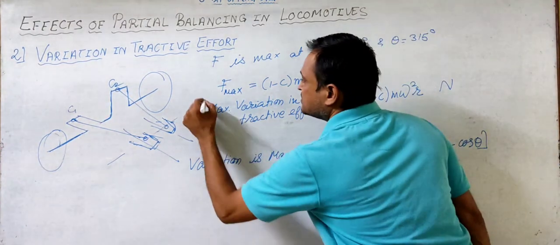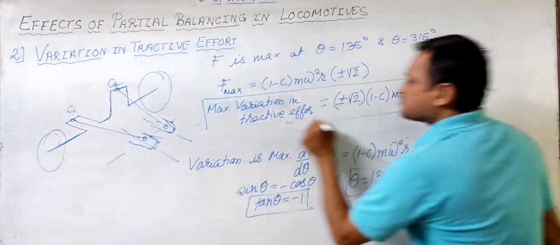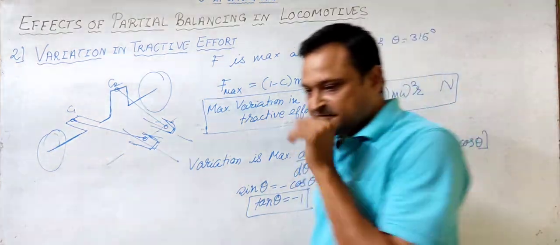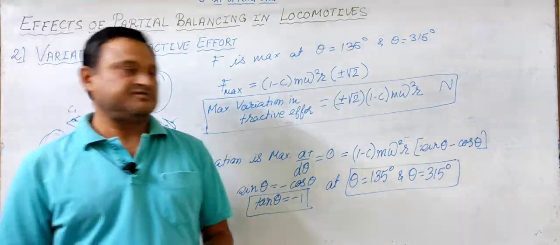So this will be the maximum variation in the tractive effort.